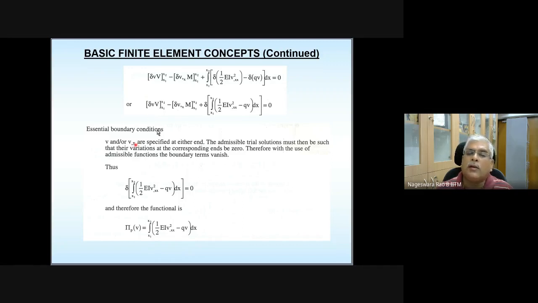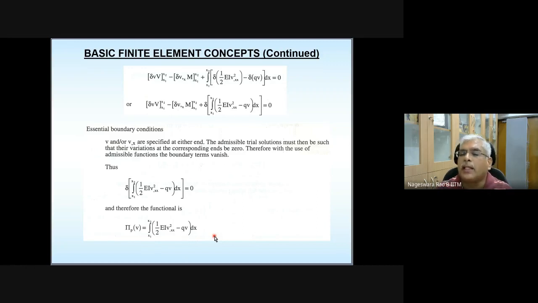So we need to relax that. So this is the case when essential boundary conditions are specified. Essential boundary conditions for the beam problem are transverse displacements as well as rotations. When essential boundary conditions are specified at either end, this is the potential energy functional.